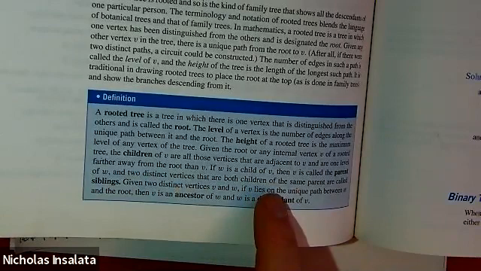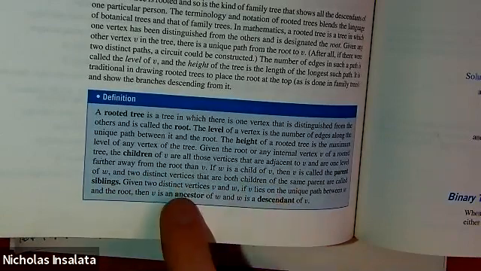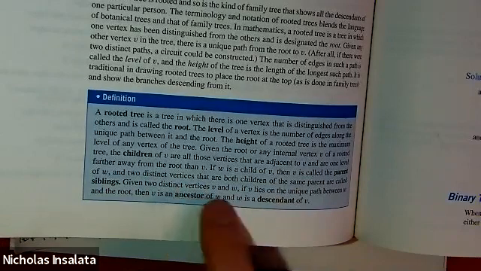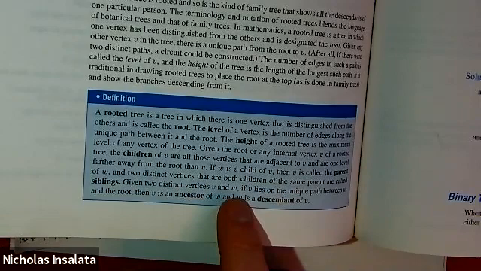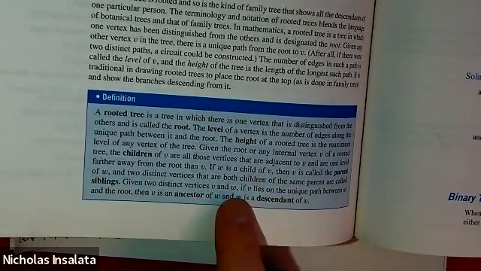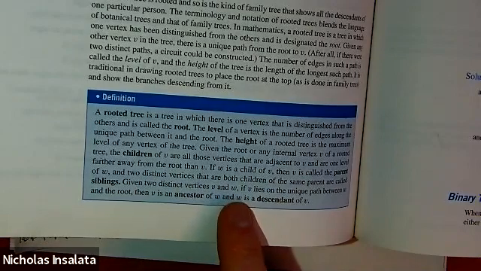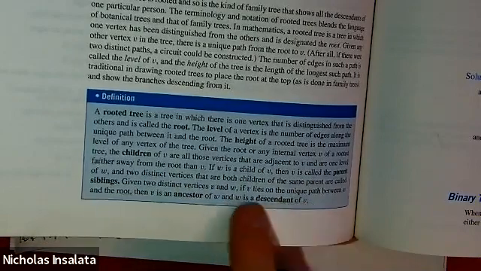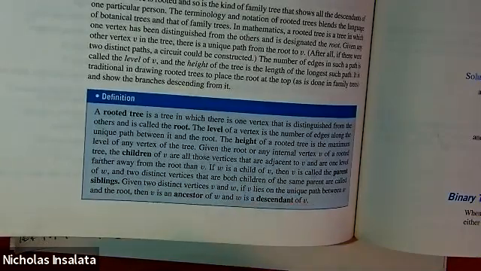If one vertex lies on a path from V to the root, then V is an ancestor. And if there's a path from the root to W that passes through V, then W would be a descendant of V. And this will all make more sense with a picture. So let's check out the picture.